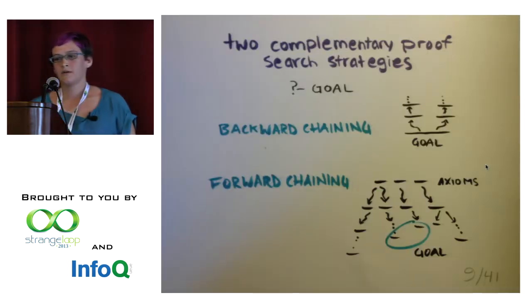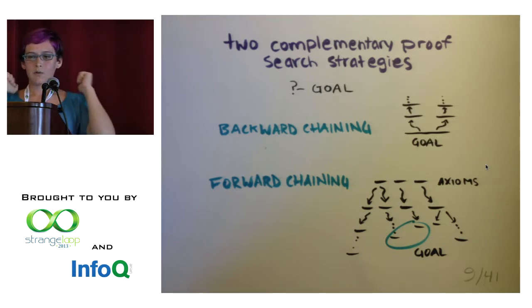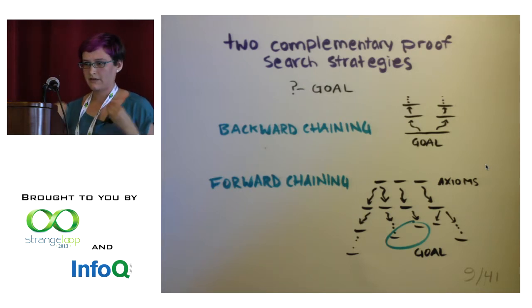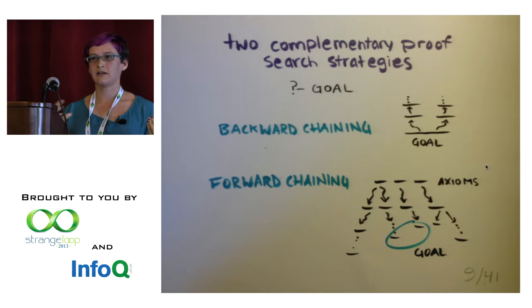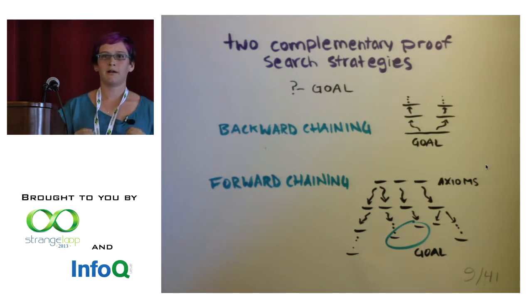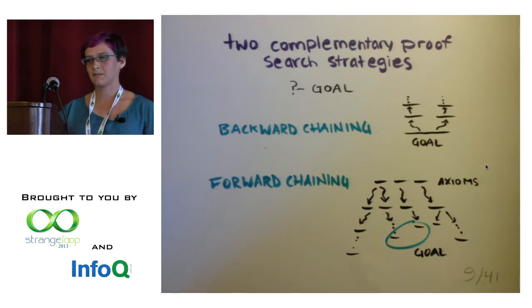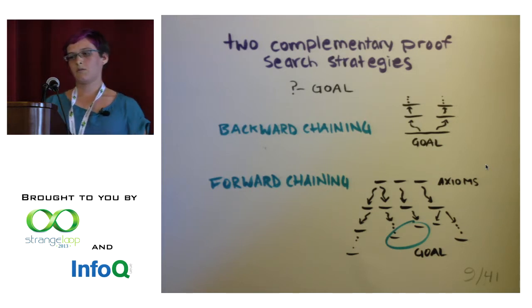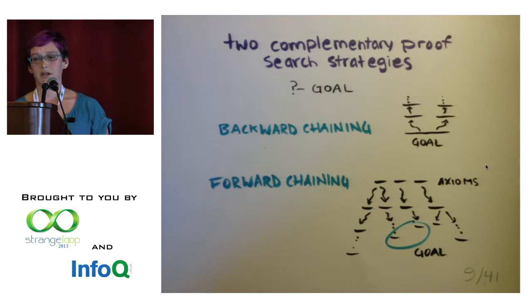All right, so if we wanted to think about how we would implement proof search, there are two complementary ways of talking about it. These aren't mutually exclusive, but they can be explained as separate strategies. I'll call them backward chaining and forward chaining.